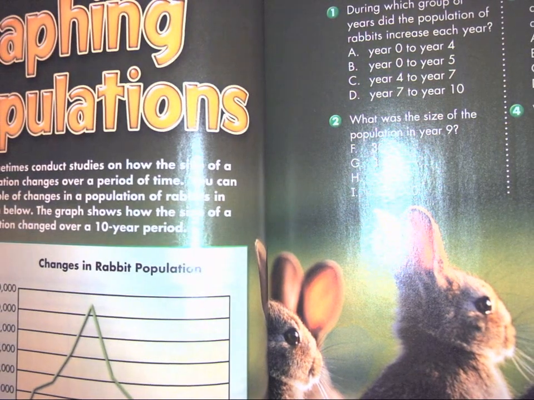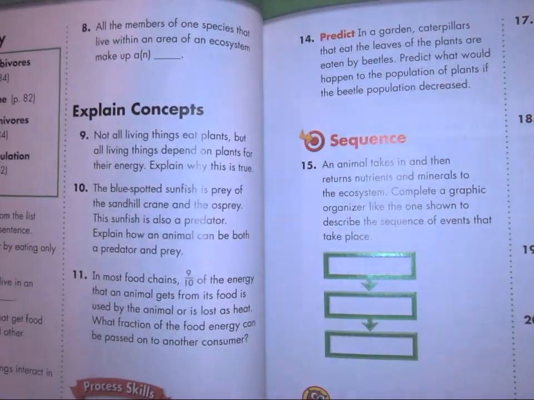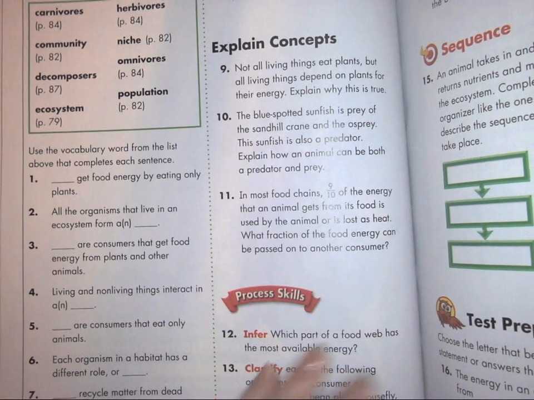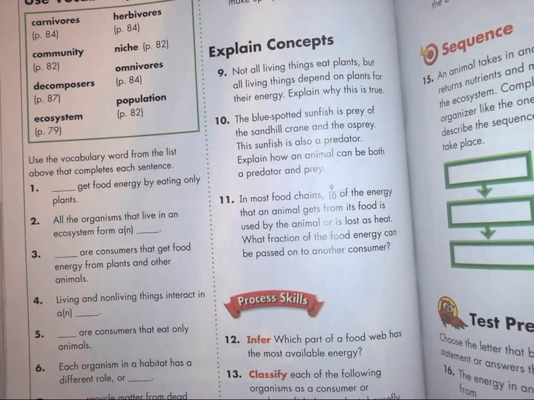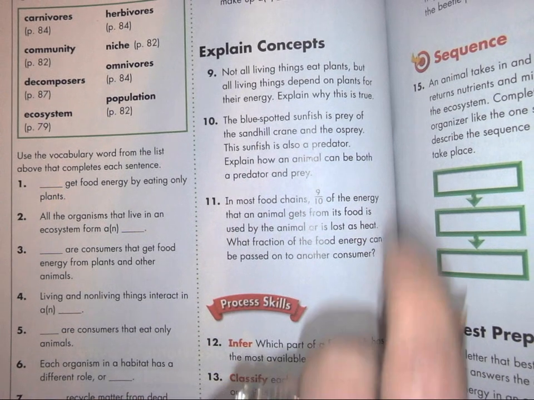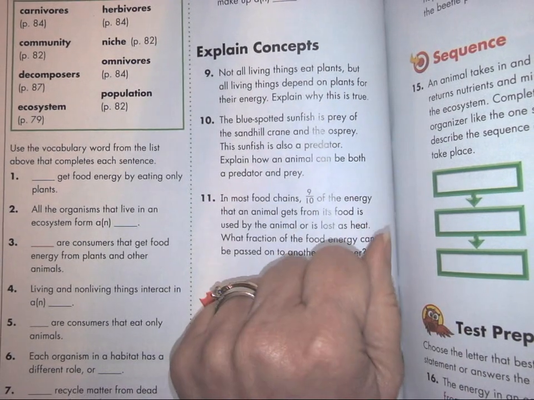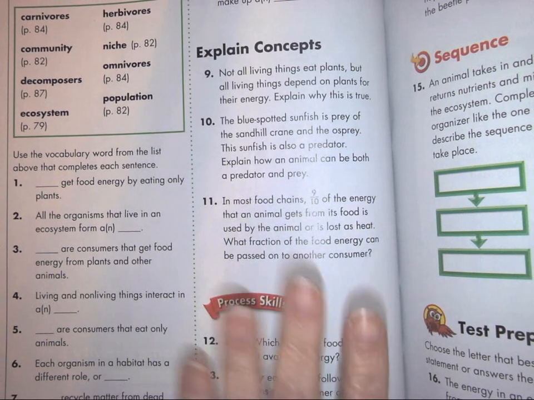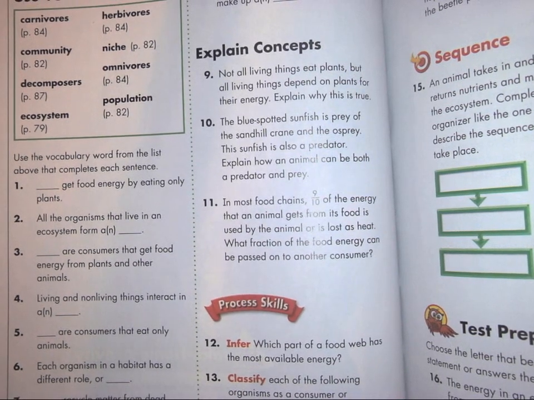All right, and then you went through graphing populations. So on your work for today, you have a worksheet. You're going to write your vocabulary word down correctly on the line. And you have some different questions here that I gave you that are listed here.